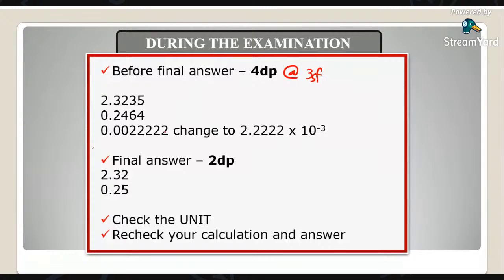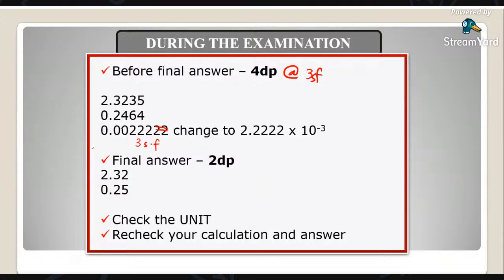For example, 2.3235 is 4 decimal places, 0.2464 is 4 decimal places, and 0.00222 is three significant figures.